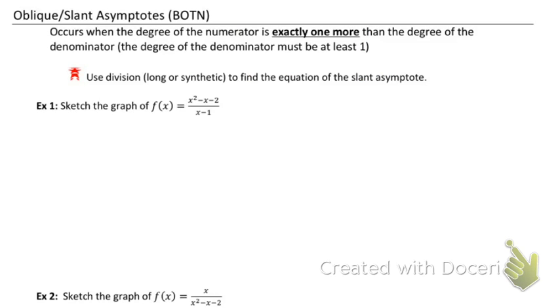All right, the next thing we're going to get to is bigger on top. What we do with bigger on top is the one we avoided yesterday, and we didn't really do an example in there. We just showed how to look for it. So bigger on top generally results in a slant or oblique asymptote. And this occurs when the degree of the numerator is exactly 1 more than the degree of the denominator. The degree of the denominator must be at least 1.